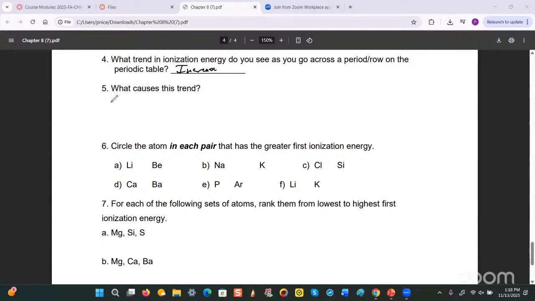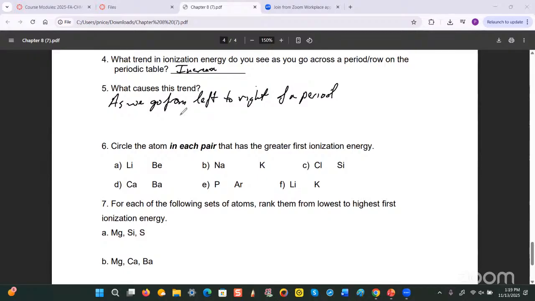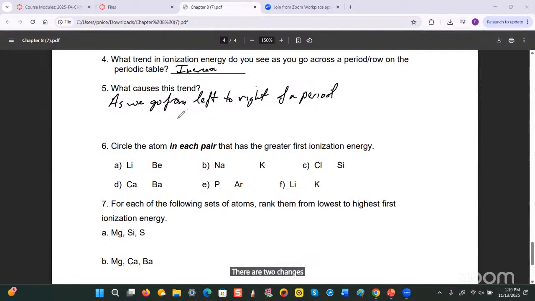What happens as we go from left to right? Let me start you off. As we go from left to right of any period, what changes are taking place in the atoms? There are 2 changes.